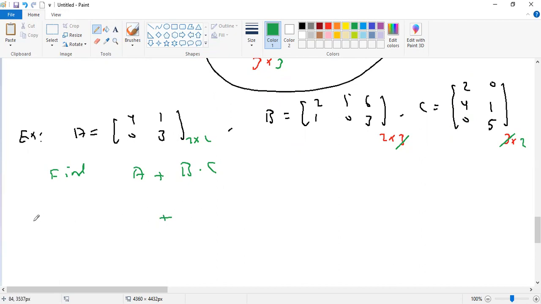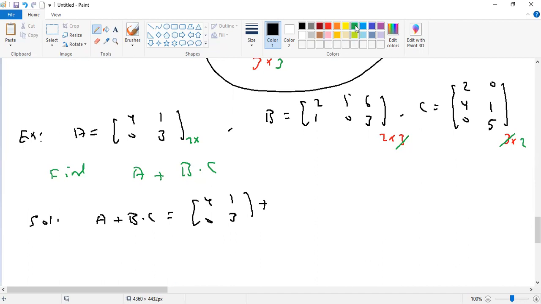Now let's write this: a plus b times c equals a, which is 4, 1, 0, 3, plus b times c.